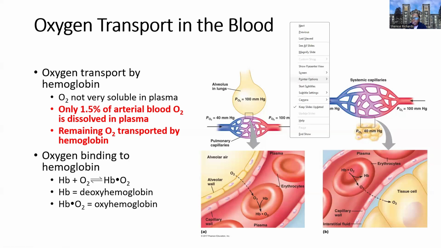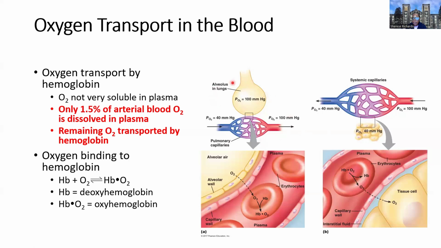And then looking at the illustration here, here is our alveolus in the lungs. We know that the partial pressure of oxygen here is 100 millimeters of mercury. In the pulmonary capillaries, it's 40 millimeters of mercury. So we have a gradient for diffusion of our oxygen. And the way that diffusion occurs is across our respiratory membrane.